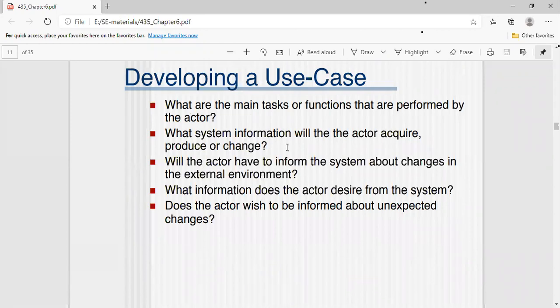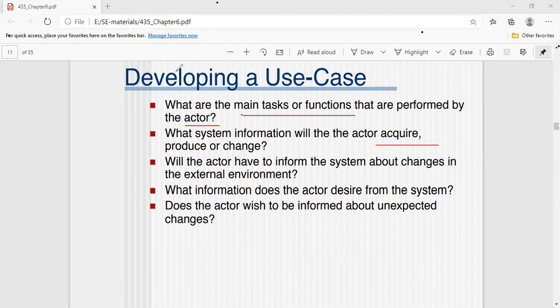So, developing use cases. It is the same as what we have discussed now. What are the main tasks or functions performed by an actor? If you want to develop a use case, what should you do? Write the main tasks or functions of an actor. What system information will the actor acquire, produce, or change?